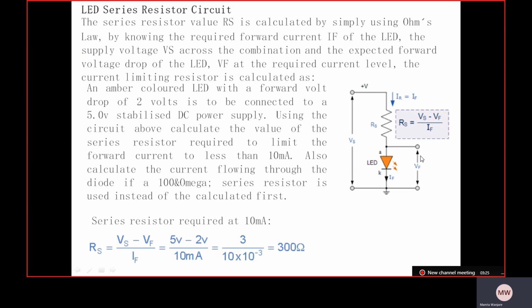We calculate the series resistor using the formula Rs = (Vs minus Vf) divided by IF, that is the current flowing through. So 5 volt minus 2 volt divided by 10 milliampere, and that value is 300 ohm.